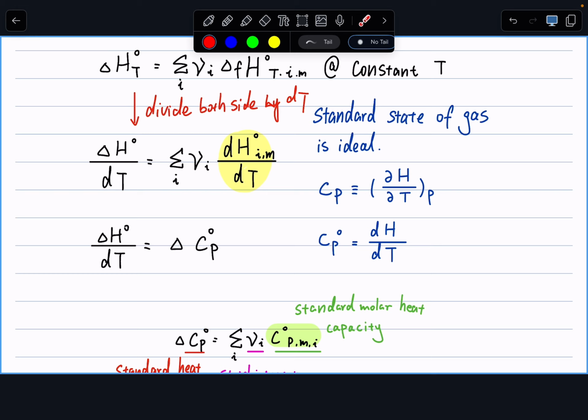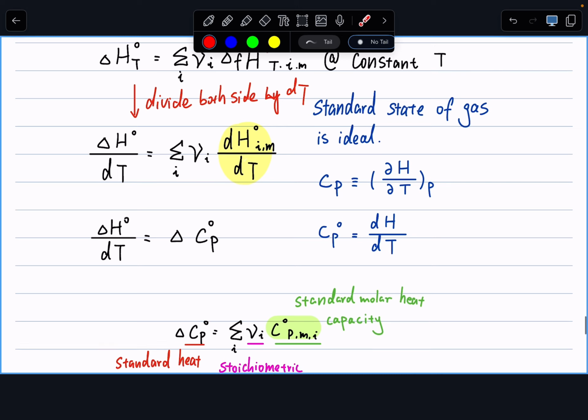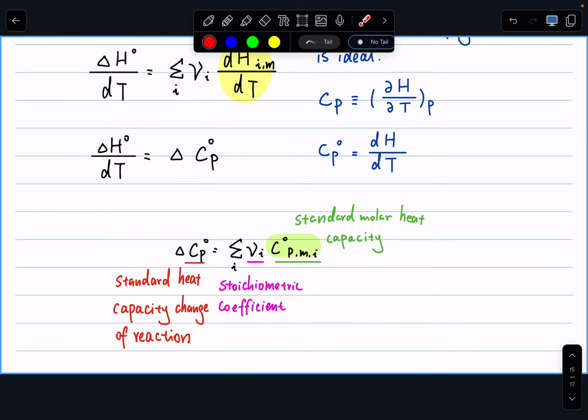And now if we think about only gas-phase reactions, my dH over dT for ideal gases simply equals Cp naught. Or the other way to put it is we have dH naught over dT equals the change of our Cp naught of the reaction.